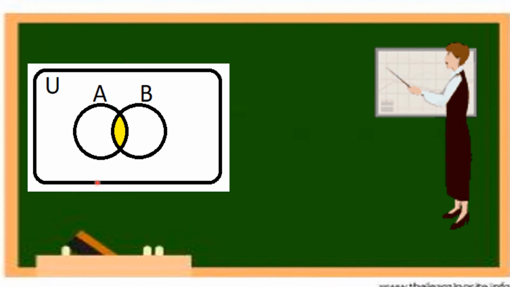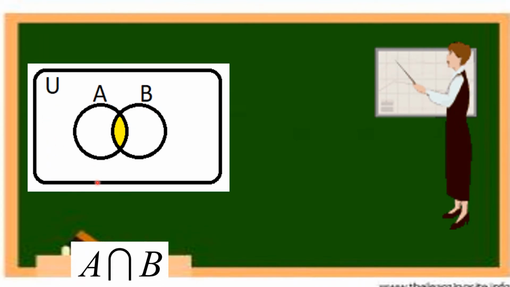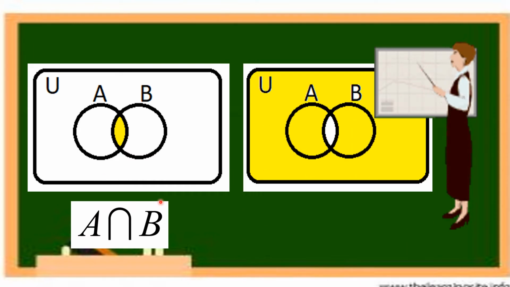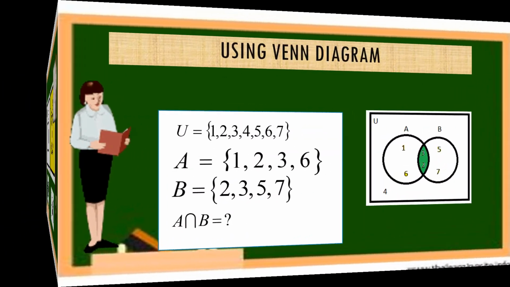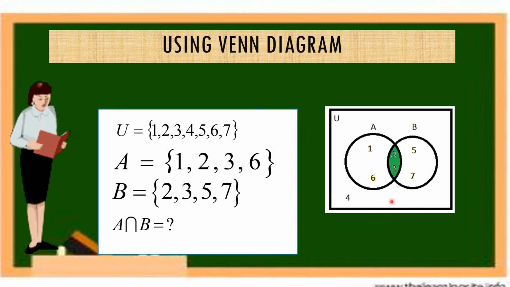This is for A intersection B. And we have another one, (A intersection B) prime, or the complement of A intersection B. This is the graph of A intersection B, which is represented by 2 and 3.